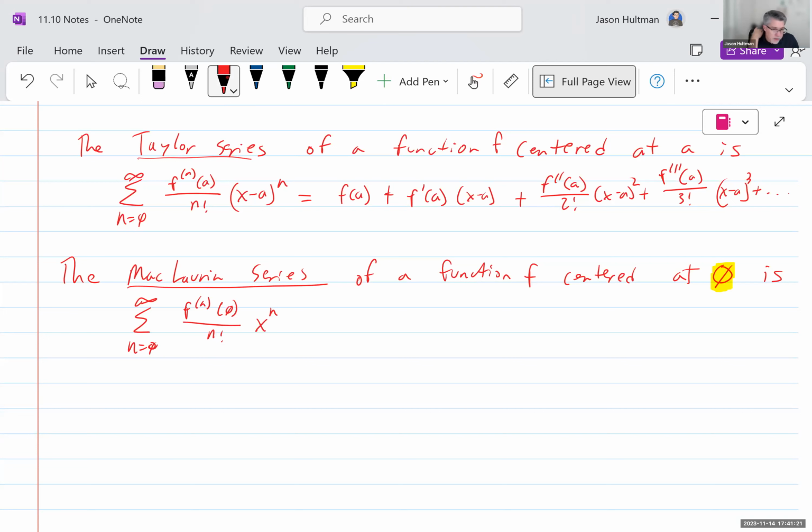Because if a is 0, then x minus a is just x. So we get x to the nth, which is equal to f of 0 plus f prime of 0 times x plus f double prime of 0 over 2 factorial times x squared plus f triple prime of 0 over 3 factorial times x cubed, and so on and so forth.